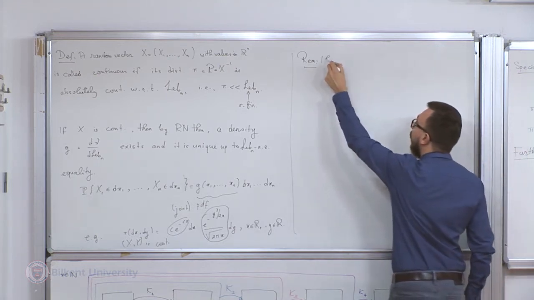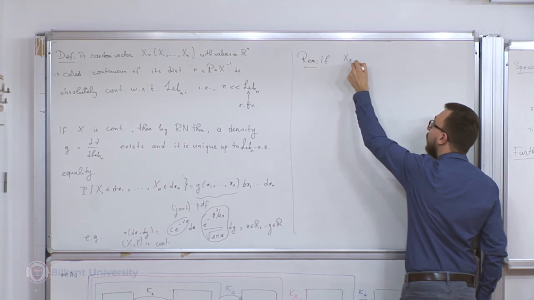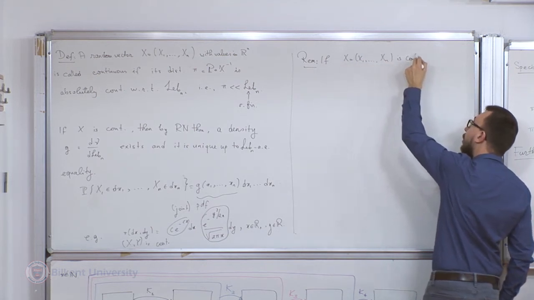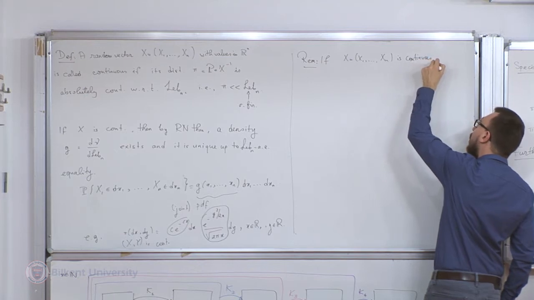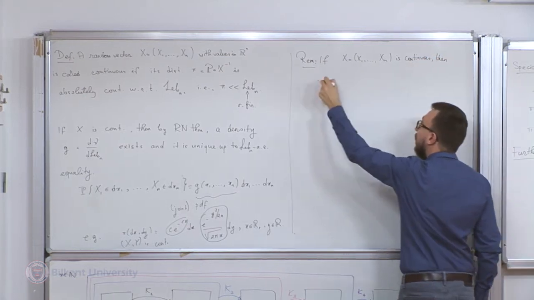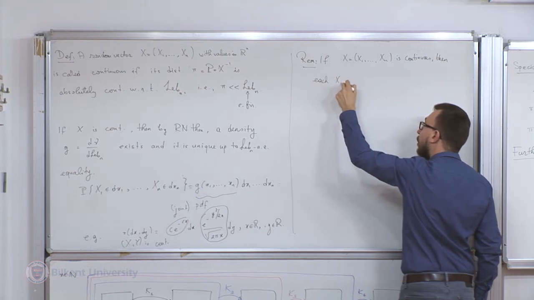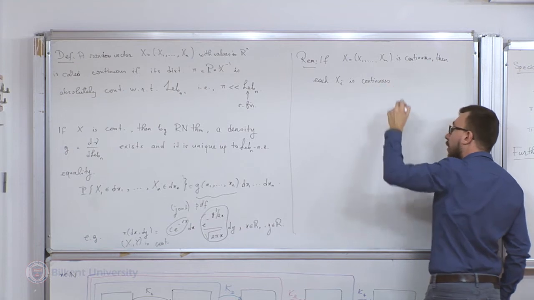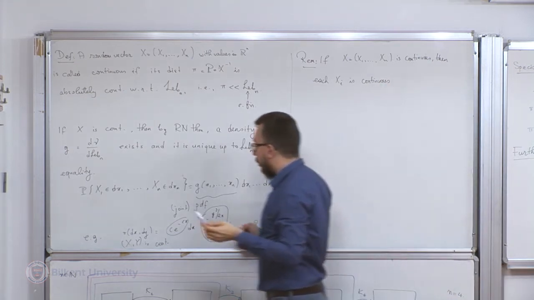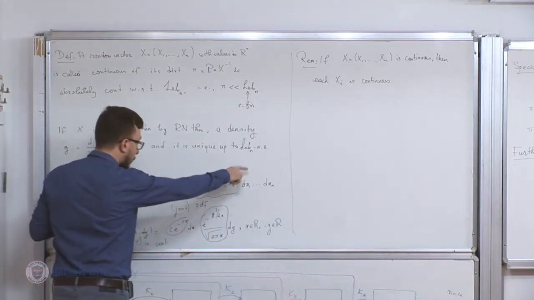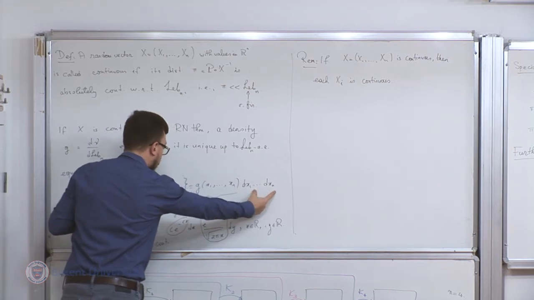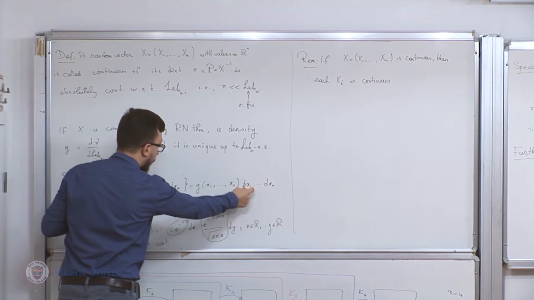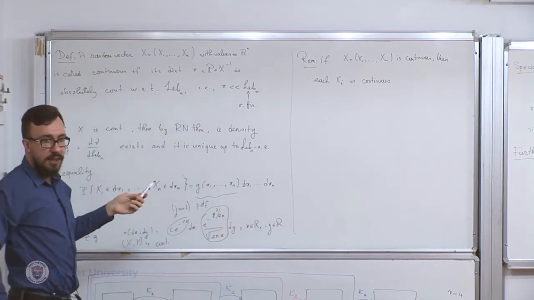If X is continuous, then each Xi is continuous. Well, why? Because you can just integrate it over all the variables but the first one. Then this is going to be the distribution of the first component, right? This is what we did in the example.